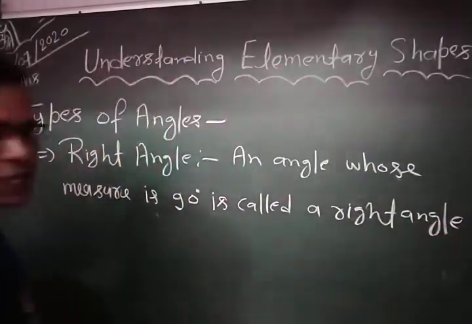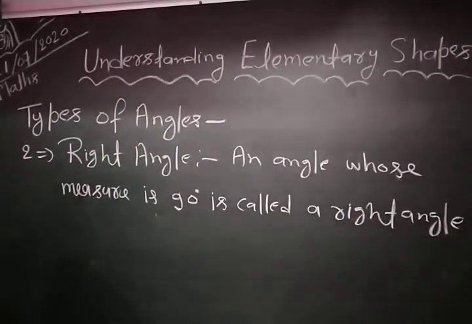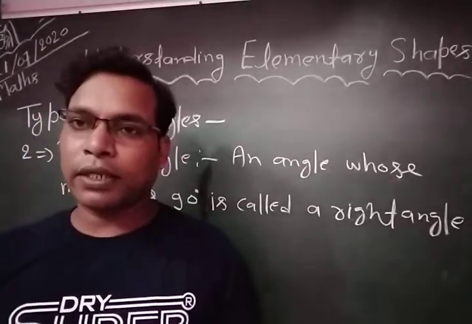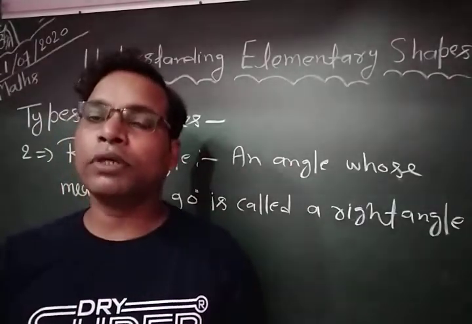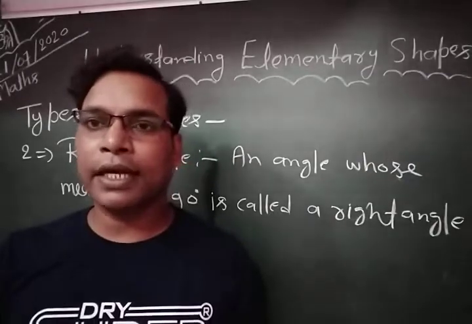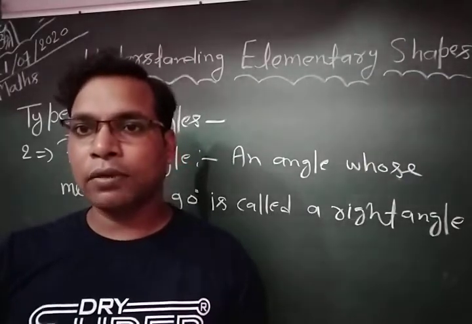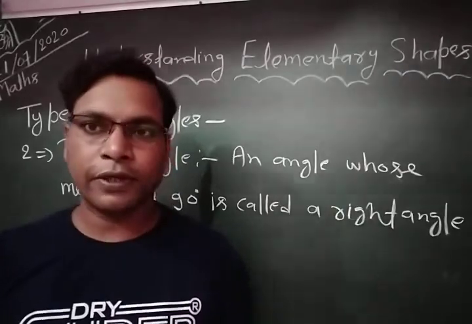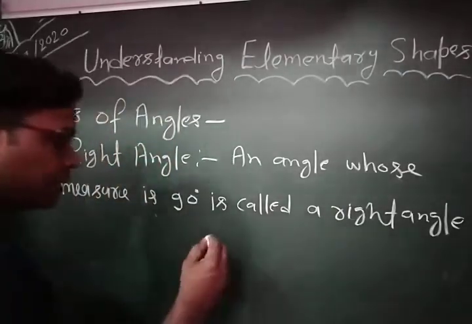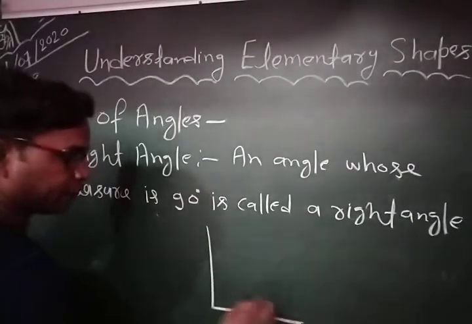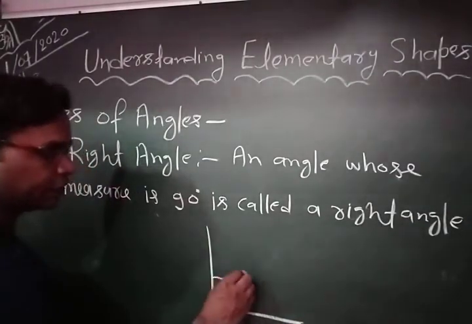This is also called a quarter turn. It is also called a quarter turn or 1/4 revolution. A right angle is also called a quarter turn or 1/4 revolution. And the right angle is like this. This is 90 degrees.